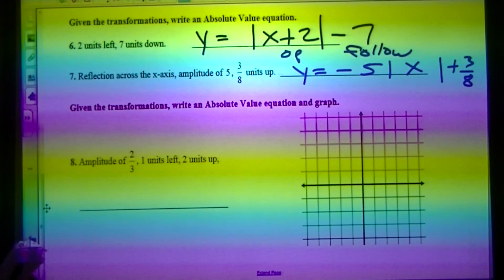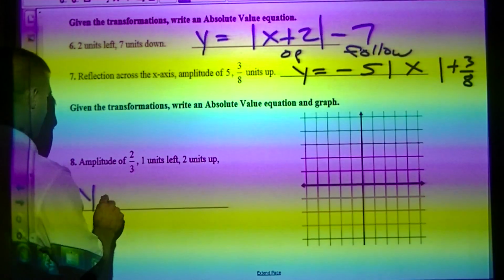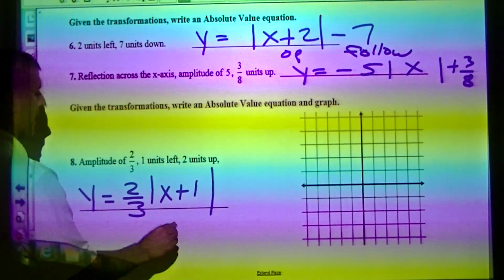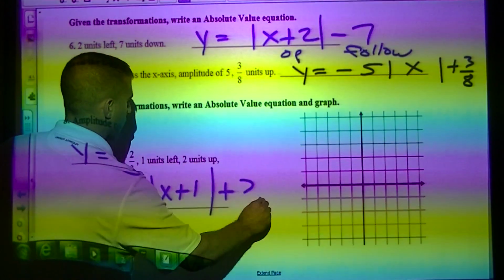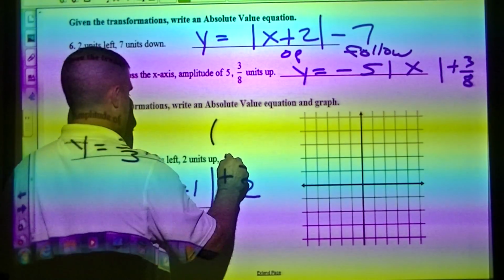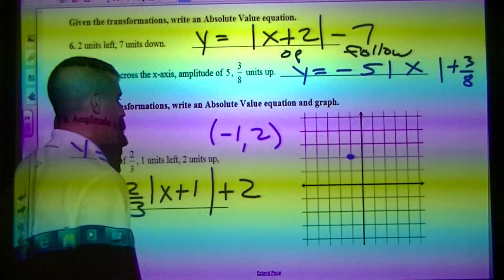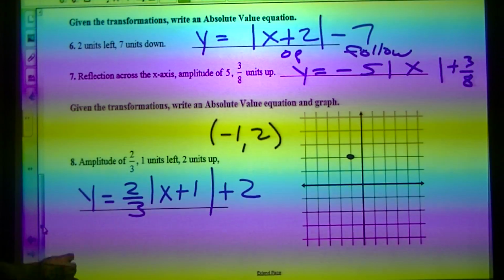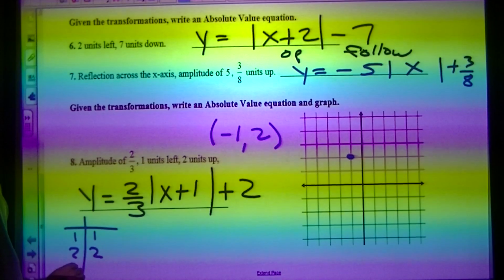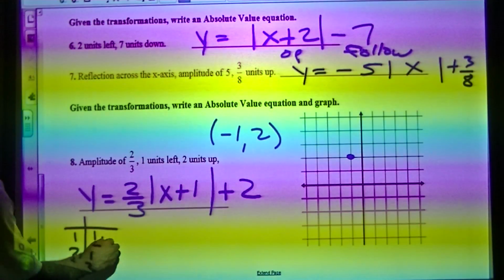This one, an amplitude of 2/3, 1 left, 2 up. So that's 2/3, 1 left. Remember, opposite, 2 up. They want me to graph this one. So my anchor point here is (-1, 2). I'm going to use my key points. That's (1, 1), (2, 2), (-1, 1), (-2, 2). I'm just going to multiply by 2/3.